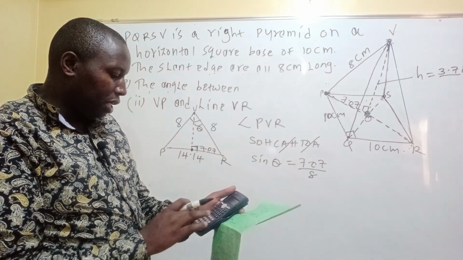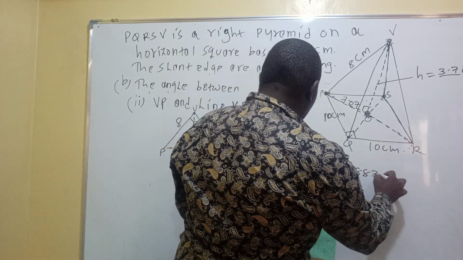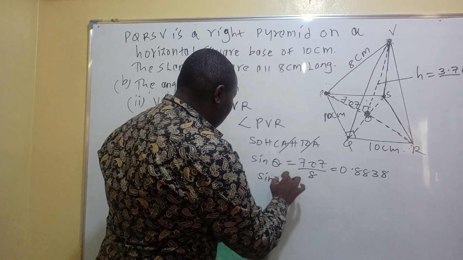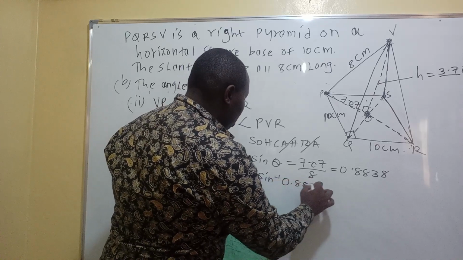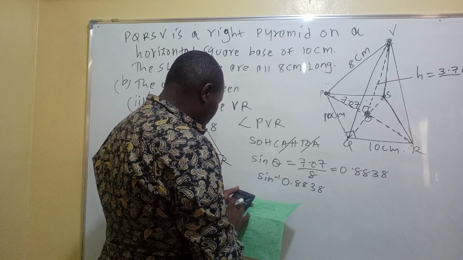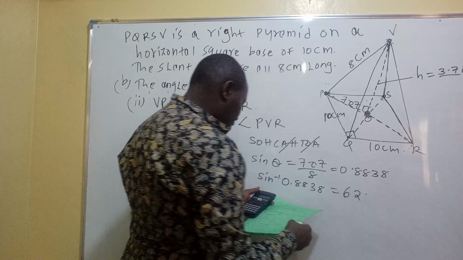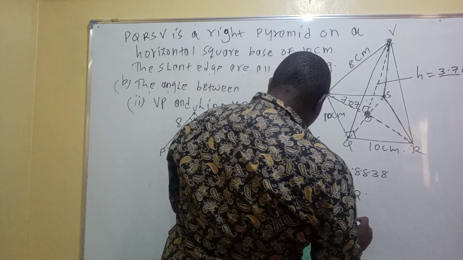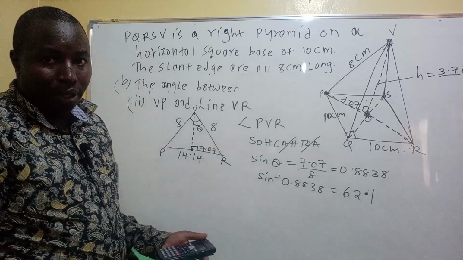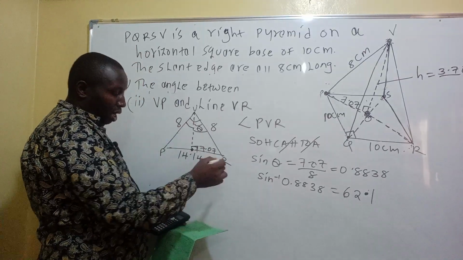7.07 divided by 8 becomes 0.8838. So get the sine inverse of 0.8838. Shift sine 0.8838. This angle becomes 62.1. That's just angle theta, and this is bisected.